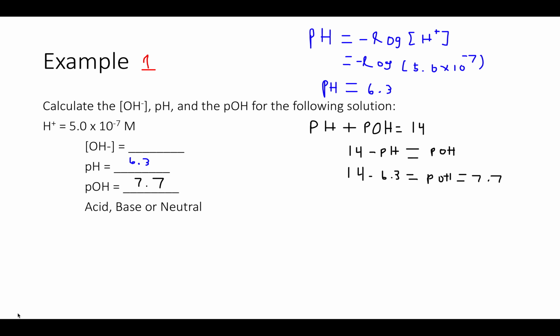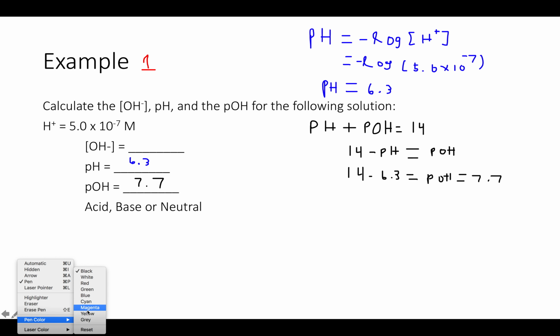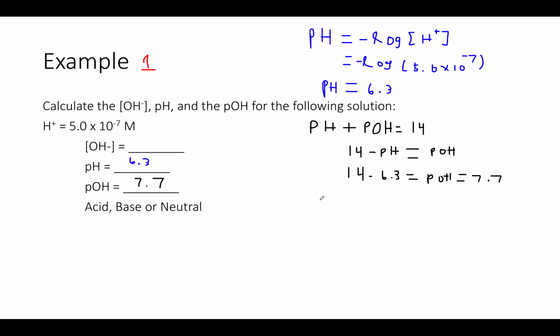Last thing we need to figure out is the hydroxide ion concentration of the solution. The pOH is equal to the negative log of the hydroxide ion concentration. So we know the pOH, but we don't know the hydroxide ion concentration. What I need to do is take the inverse of the logarithm, the negative inverse, to cancel out the log and the negative. So I'm going to take 10 to the negative x power to cancel the logarithm and the negative.